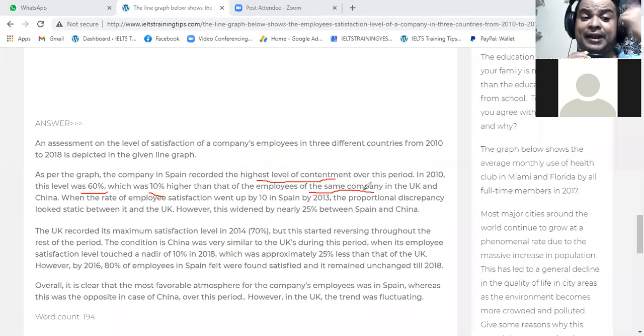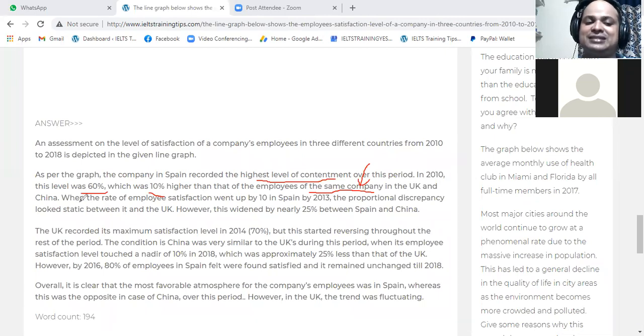So in Spain, the level was 60 percentage, which was 10 percentage higher than the employees of the same company. The company name is A, in the UK too. It's a very crucial thing here, the same company, and China. So this is 10 percentage higher than the employees of the same company in the UK and China.